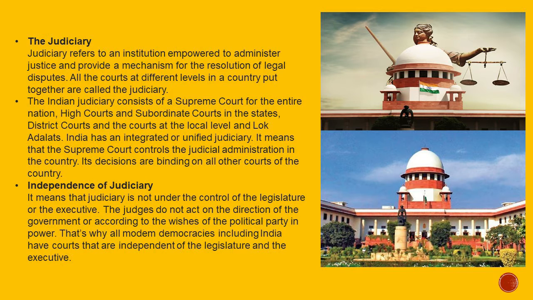The Indian judiciary has the Supreme Court at the top, the High Courts at the state level, then subordinate courts, district courts at the local level, and Lok Adalat. So the entire judiciary system together is taken care of by the Supreme Court. The Supreme Court is the highest apex court in our Indian judicial system. The judicial administration is taken care of by the Supreme Court.